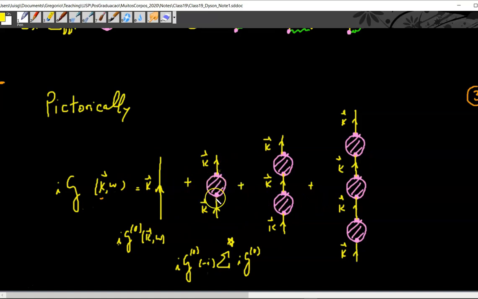Notice that there's something repeating here, right? So I always have, say, an inline, and then I have this, and then I have this, 1, 2, 3.